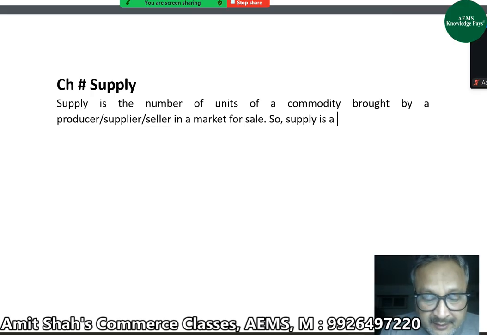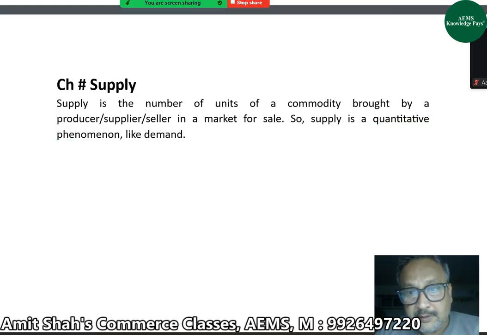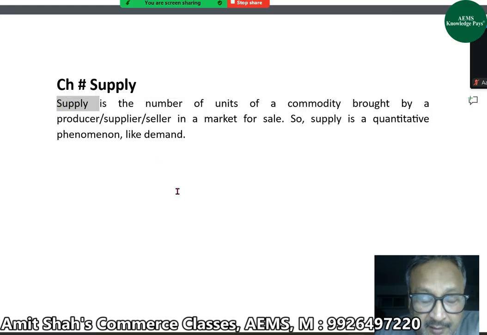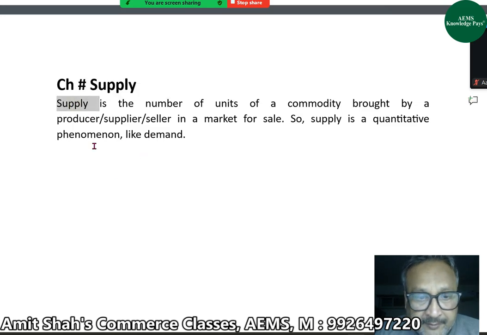So supply is a quantitative phenomenon, like we had demand. Means when we express supply, we express it in quantitative terms and not in monetary terms. So whatsoever number of units of a commodity a supplier brings in the market for sale, that is called supply.